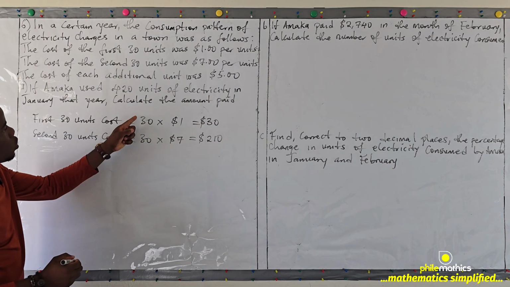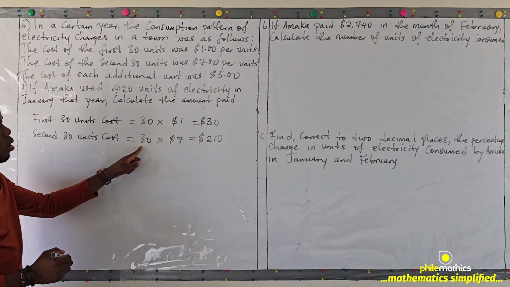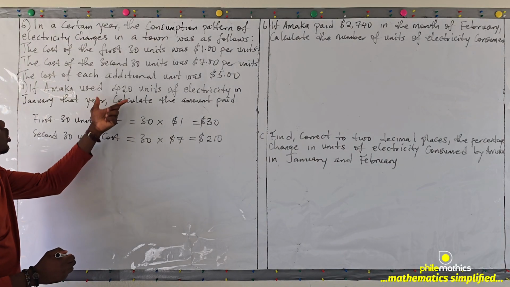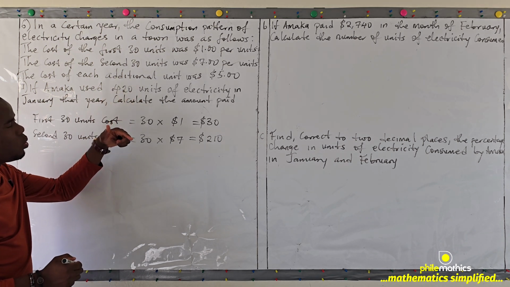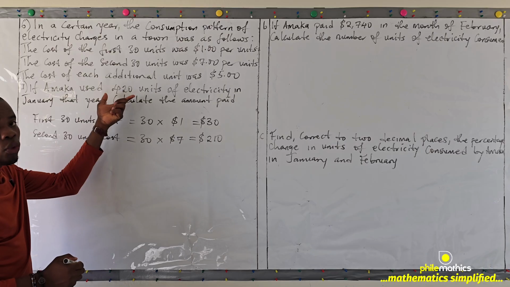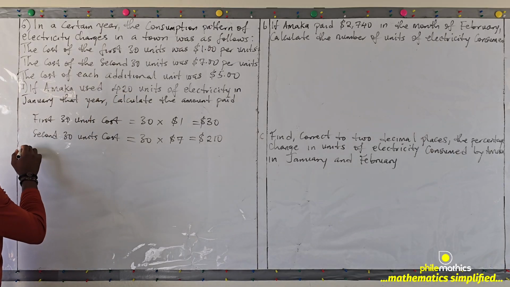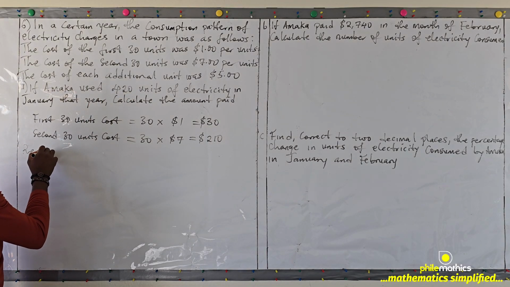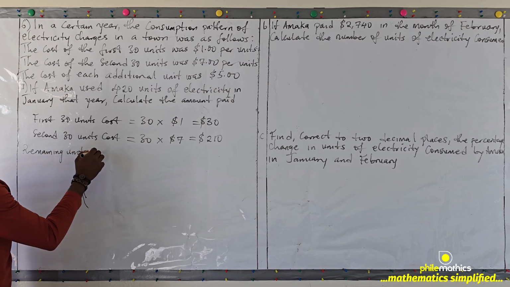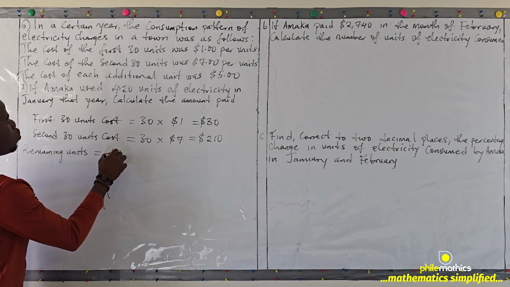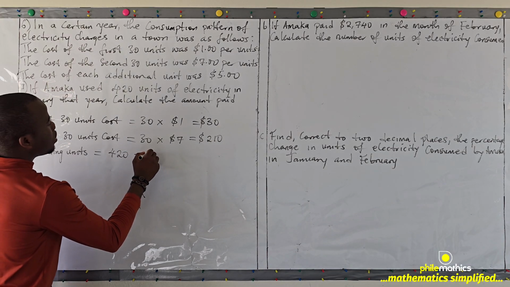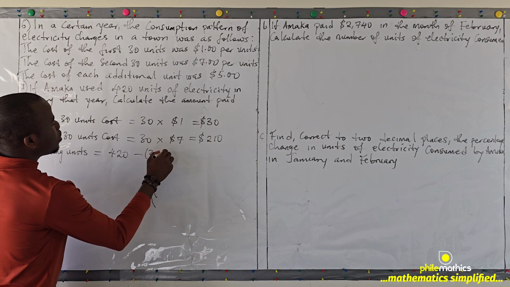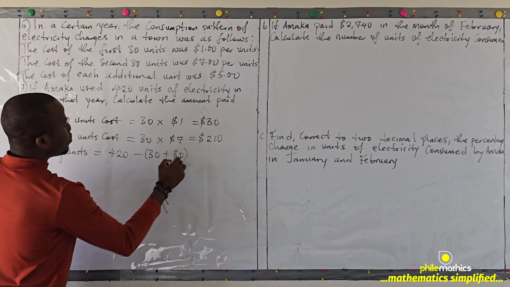So if she has used 60 units up to now, and what she used in January was 420 units, we need to know the remaining units. So the remaining units is 420 minus 30 plus 30.